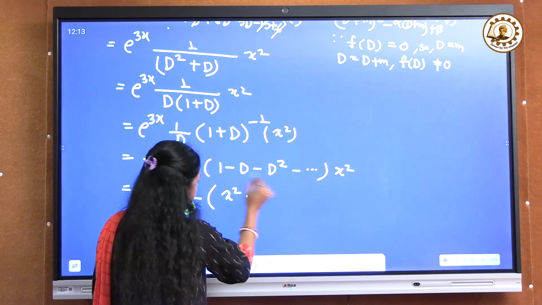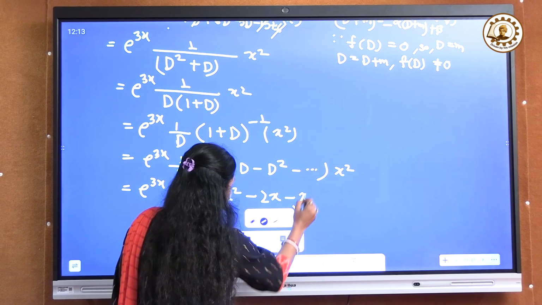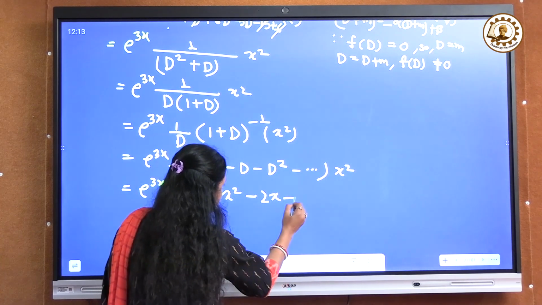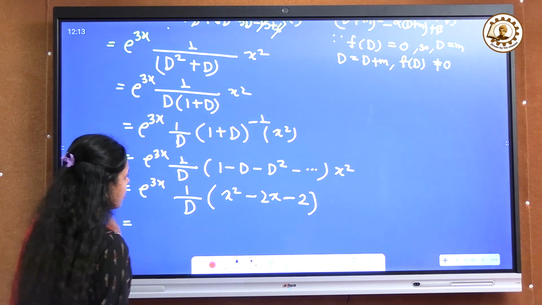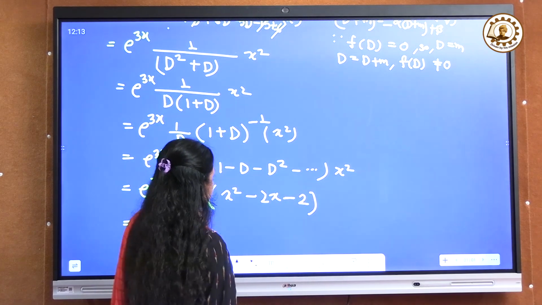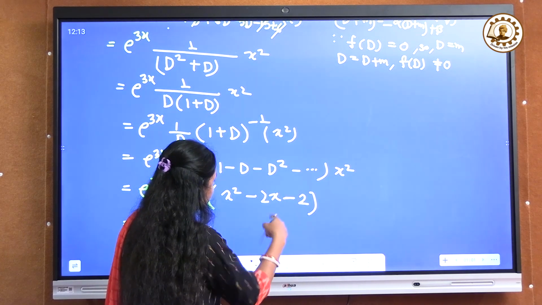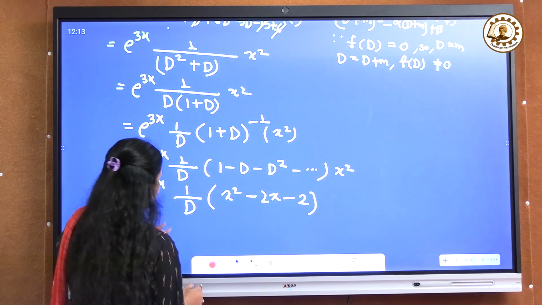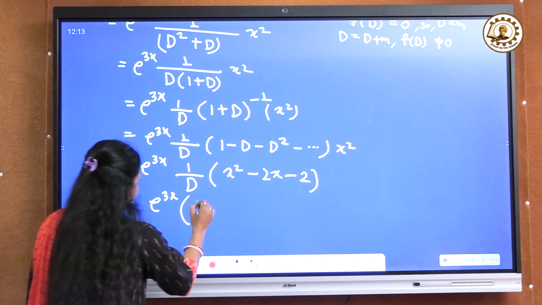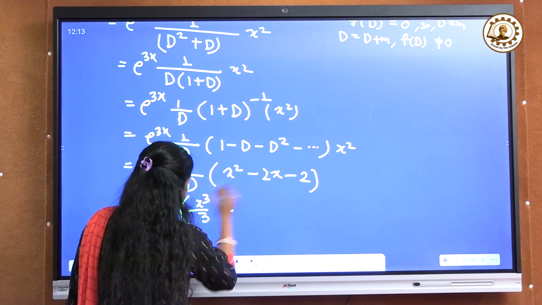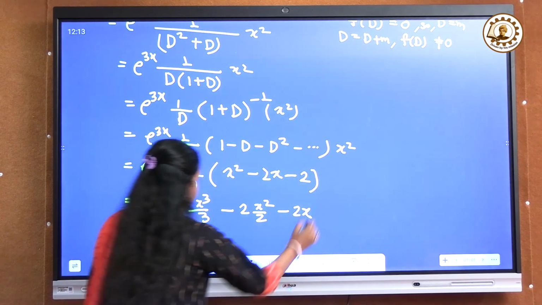At first we differentiate x square, which gives 2x, and the second differentiation of x square is 2. So we get x square minus 2x plus 2. Then integrating, e to the power 3x times (x cube by 3 minus 2 x square by 2 plus 2x).